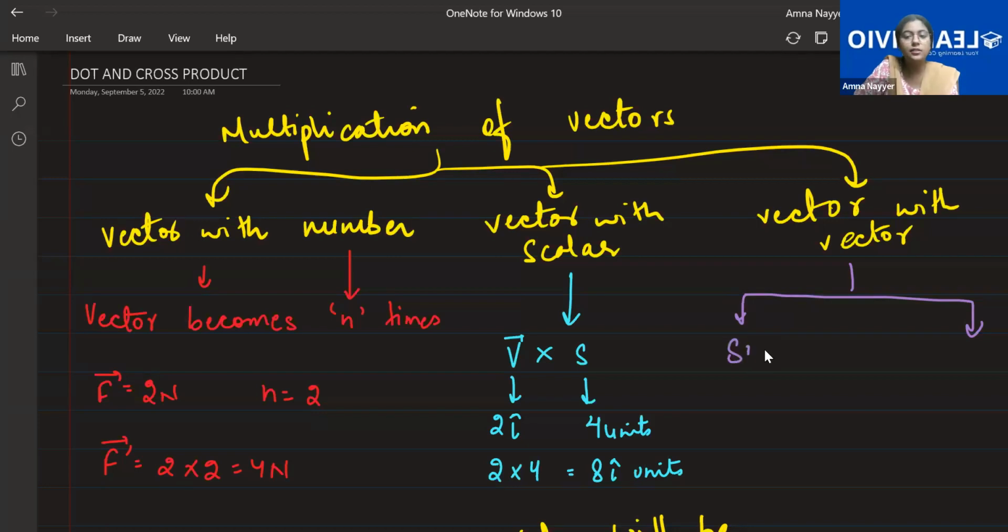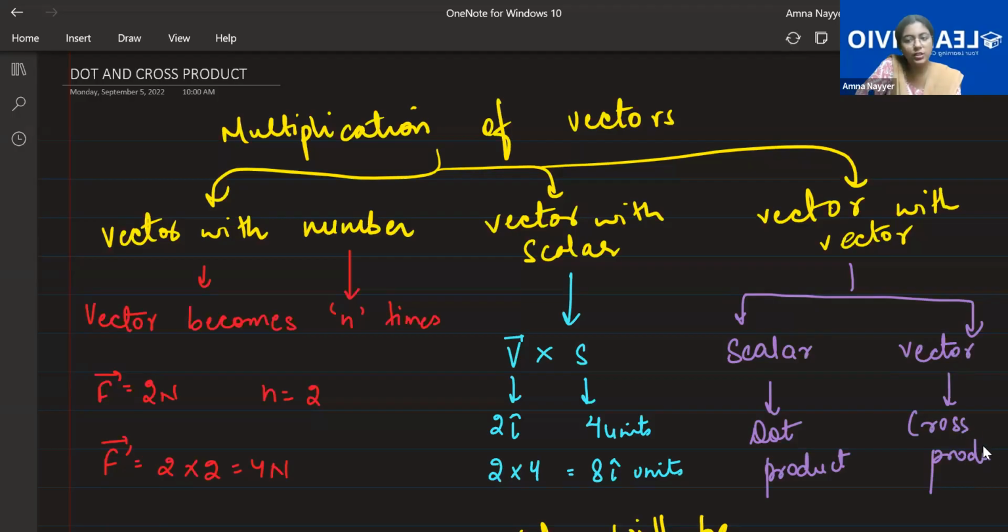If the resultant is a scalar quantity, meaning vector into vector is giving you a scalar quantity, you use dot product. And when the resultant is also a vector, you use cross product.